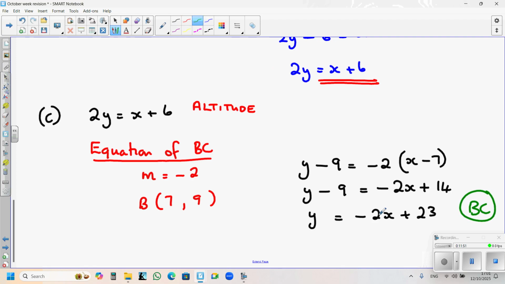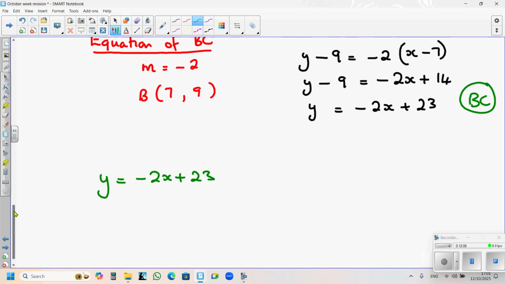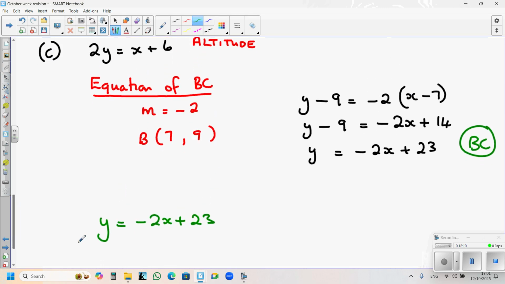Now we want to find the intersection of the altitude and that equation there. So I'll write down the two equations. We want to find where two lines meet, so we solve simultaneous equations. So y is equal to -2x plus 23, and the other equation for the altitude is 2y is equal to x plus 6.